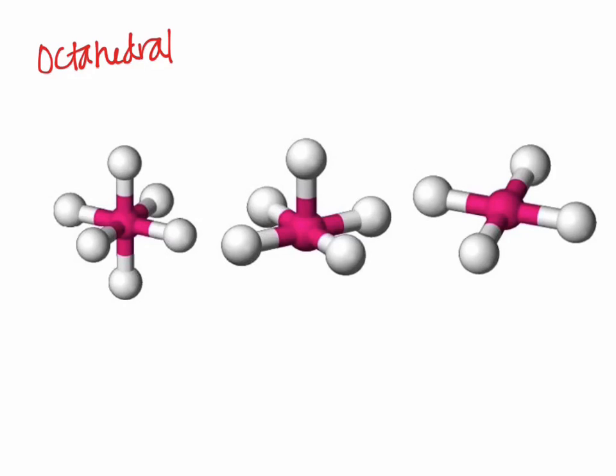So our first one in the octahedral family is the octahedral. Every angle is 90 degrees. Every angle, no matter which way you turn it, you're going to have a 90-degree angle. And this would be non-polar.